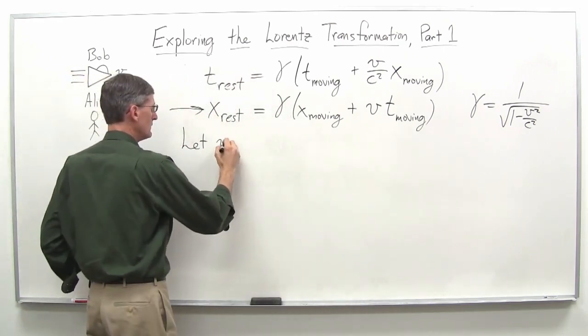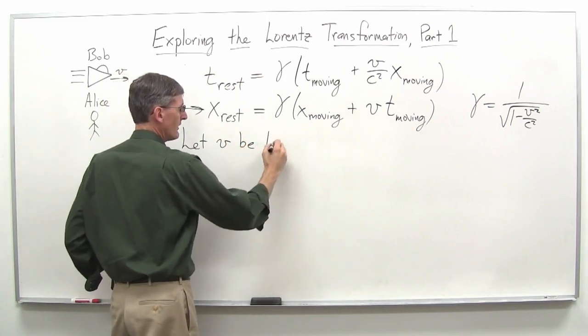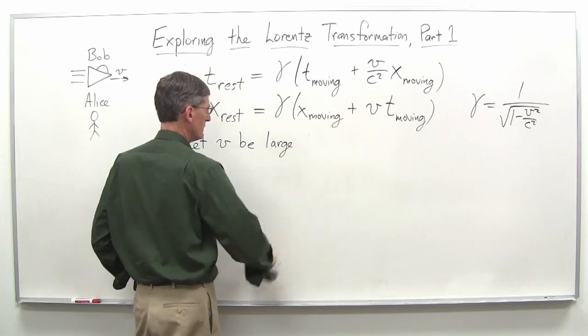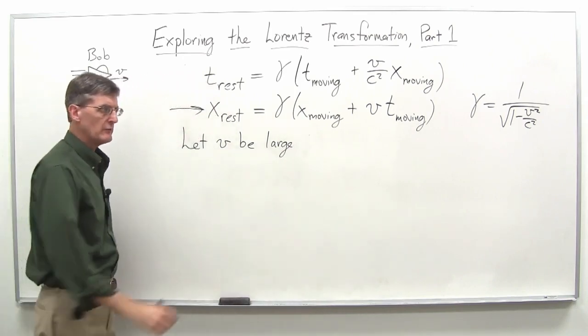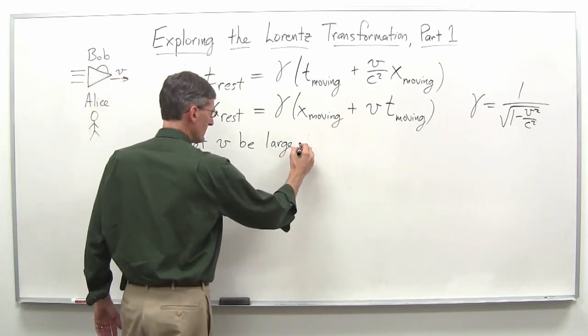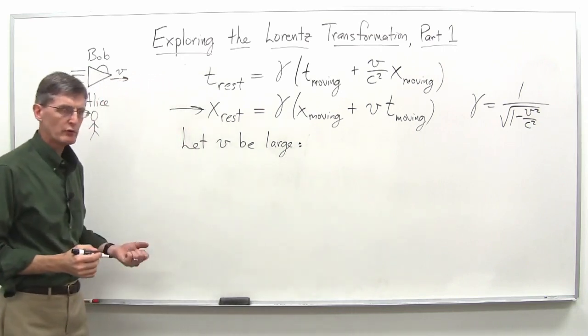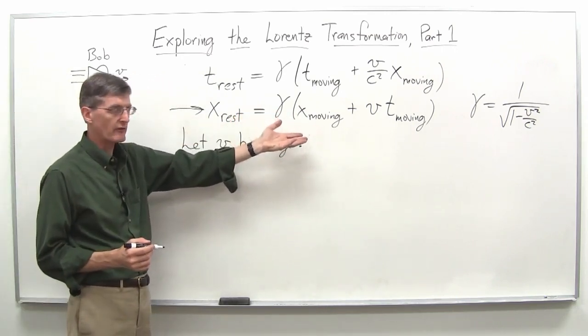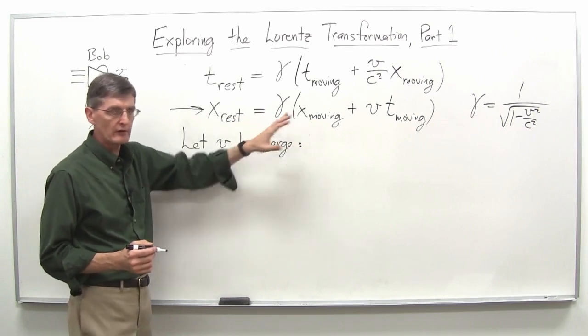Let v be large. Obviously not equal to c, but up there someplace. So let v be large. Then what do we have? Well, essentially we just have this equation. We can't do any simplifications of it. But let's split it apart here and take a look at it.